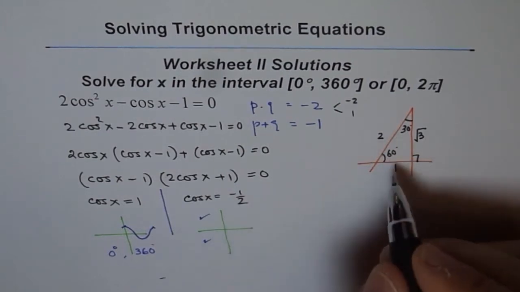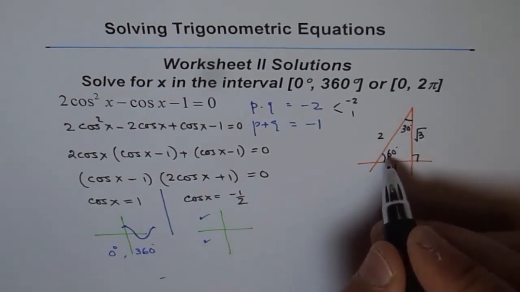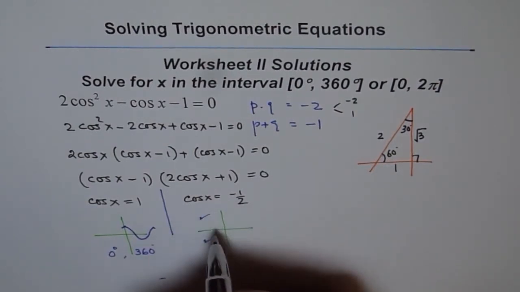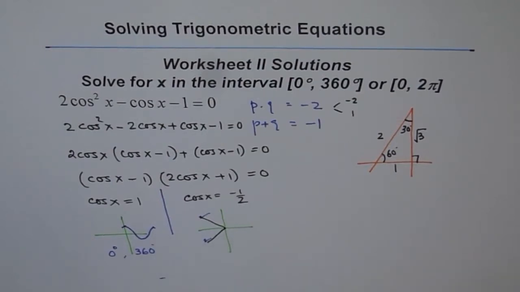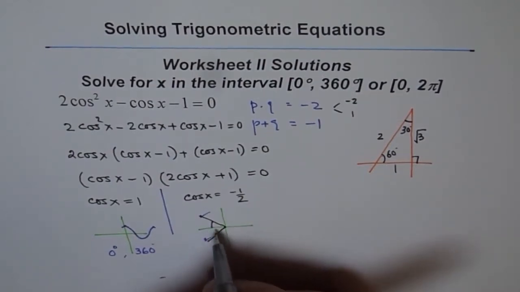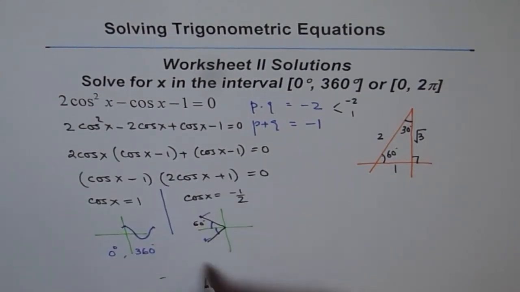Now cos is half, that means adjacent over hypotenuse, that means the angle is 60 degrees, correct? So the acute angle for these two sides is 60 degrees. That means this angle is 60, right? So when we say this is 60 degrees, then what is the principal angle?